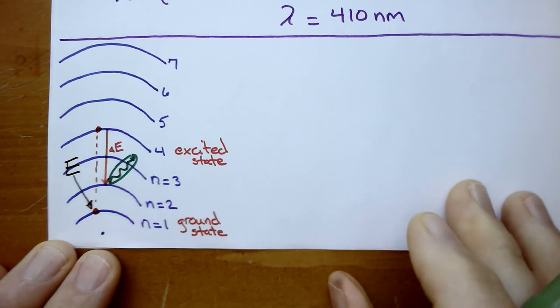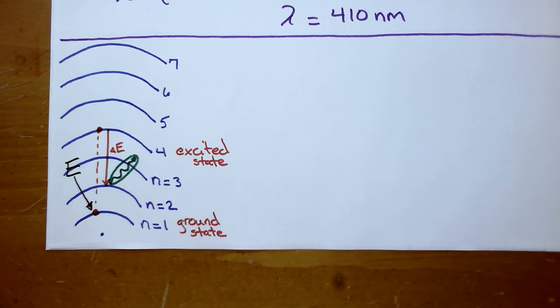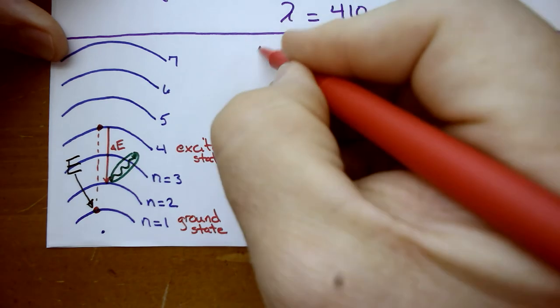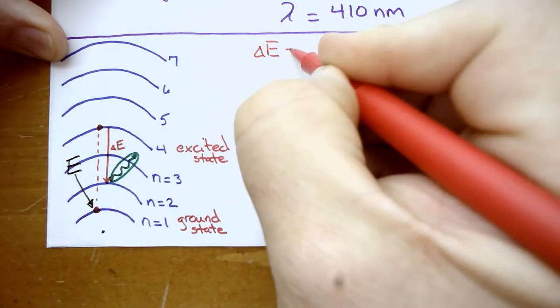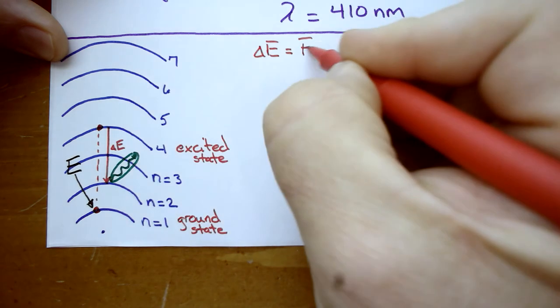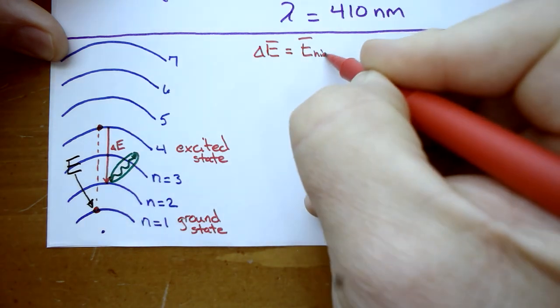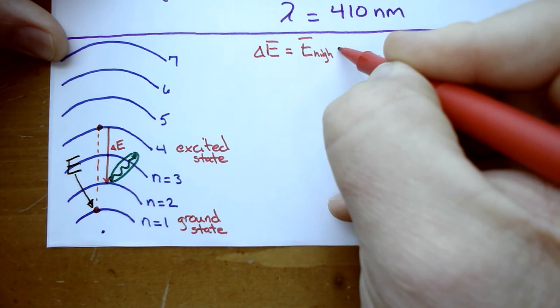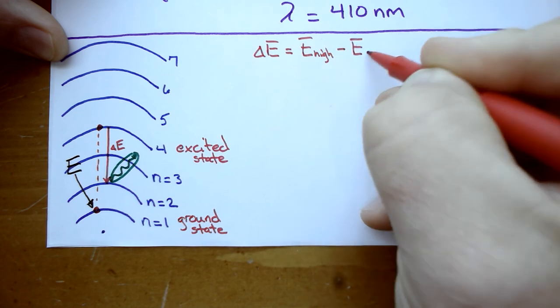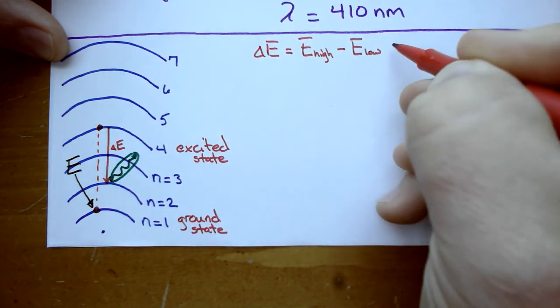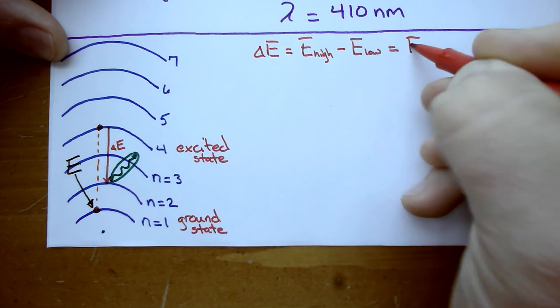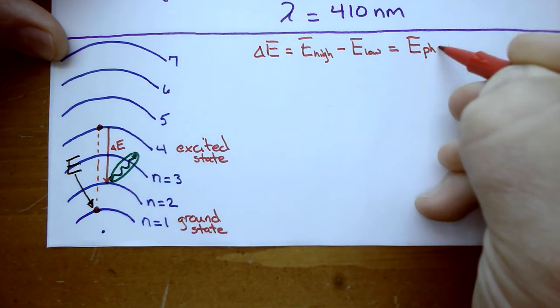Well, the equation for that is, we can say basically that we're looking at the change in energy is equal to the energy of the high energy level minus the energy of the low energy level is equal to the energy given off as the photon.